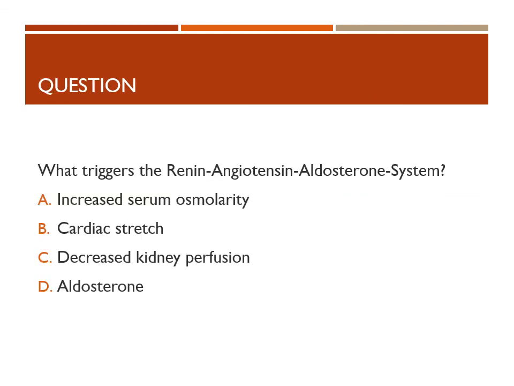Okay, so what triggers the renin-angiotensin-aldosterone system? Well, hopefully by now, decreased kidney perfusion will be your answer, because the kidneys are sensing a low blood pressure state, whether it's from a hemorrhage or from dehydration or anything that's causing a reduced blood perfusion to them, and that will cause renin to be secreted into the bloodstream.